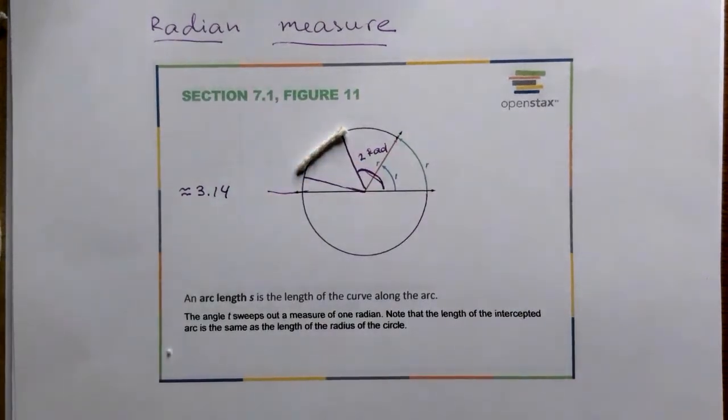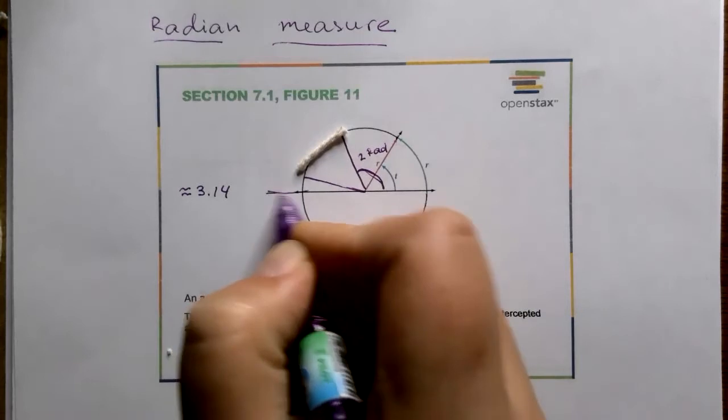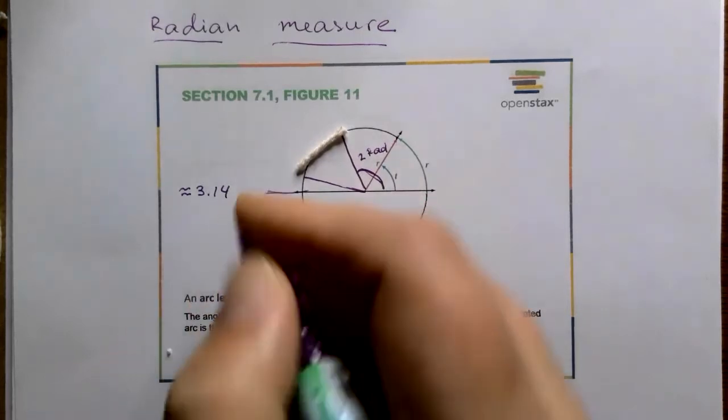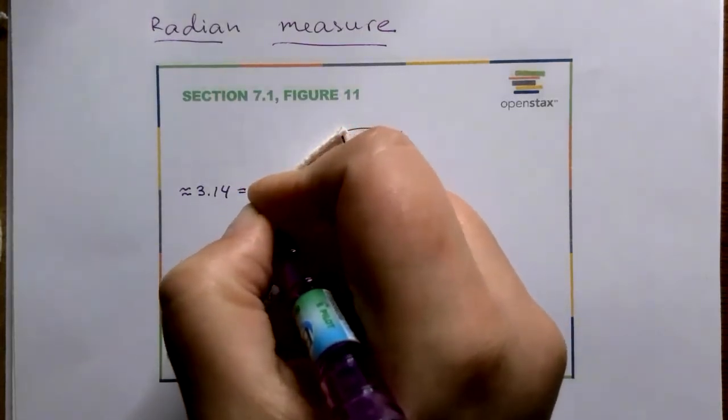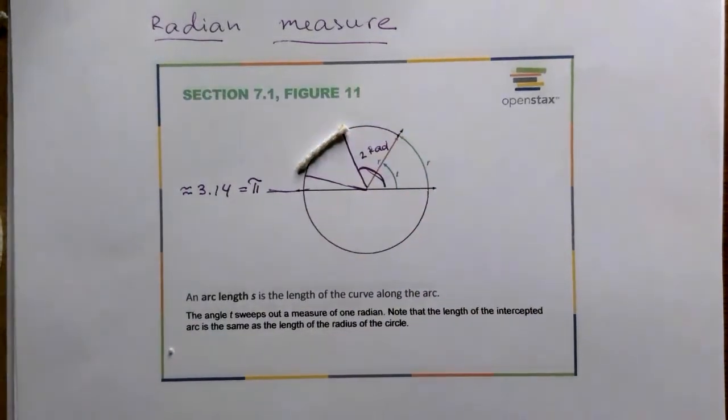So half a circle is actually approximately 3.14 radians. It's an approximation because in reality, this number is an infinite decimal, but it is approximately 3.14, which we call pi.